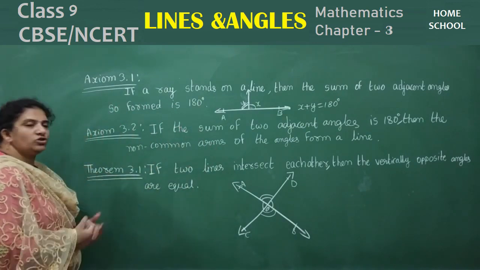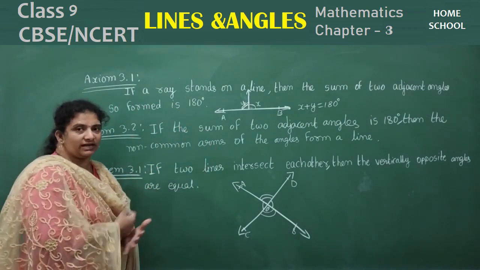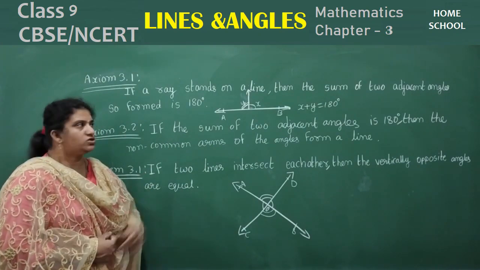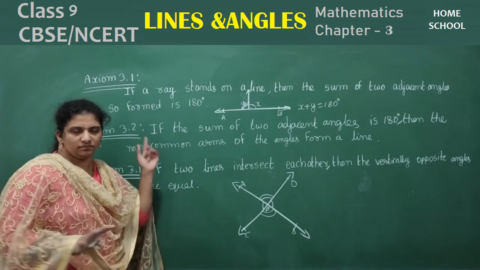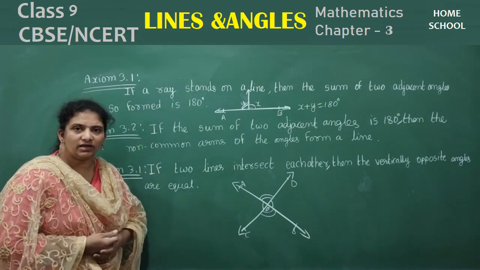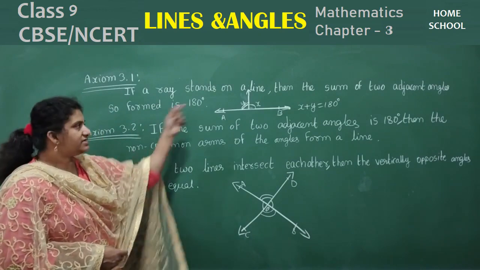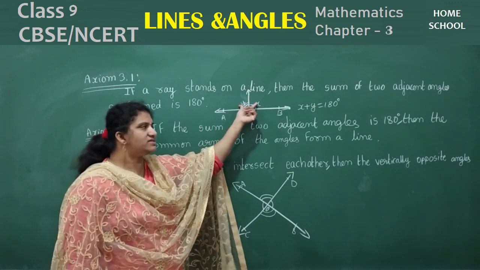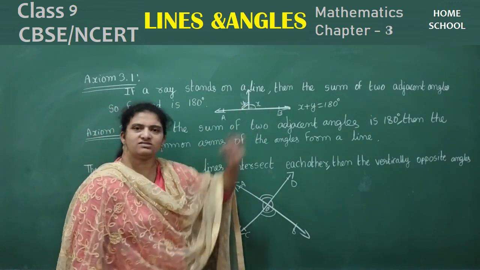And we have one more theorem in this. Before starting this chapter, we have theorem number 3.1. So these two axioms are nothing but a linear pair. The same figure you can take for this also. If the sum of two adjacent angles is 180, then it forms a straight line.